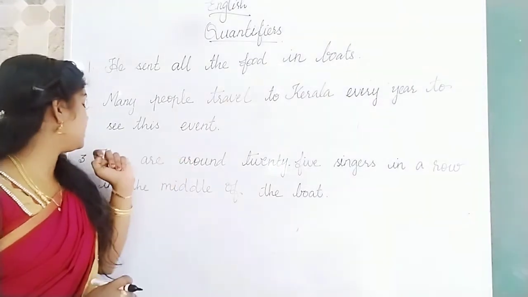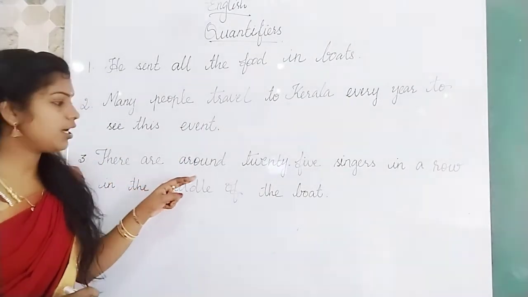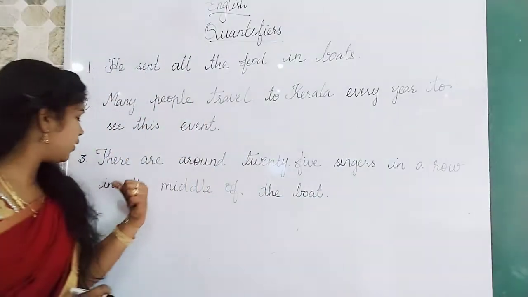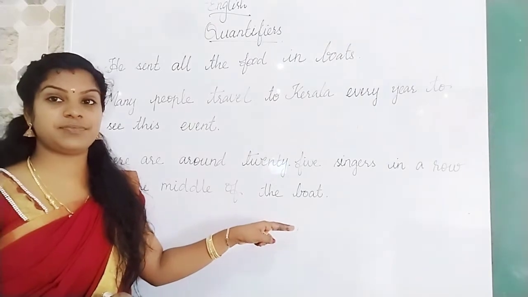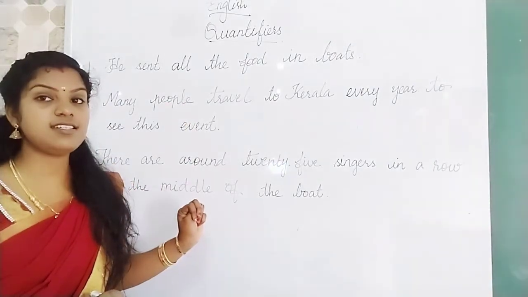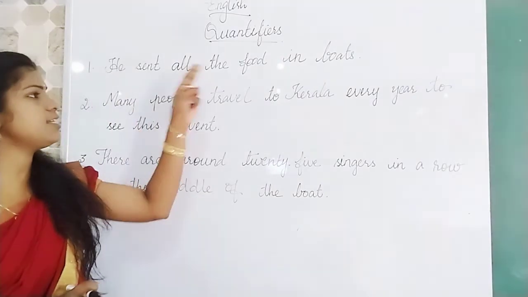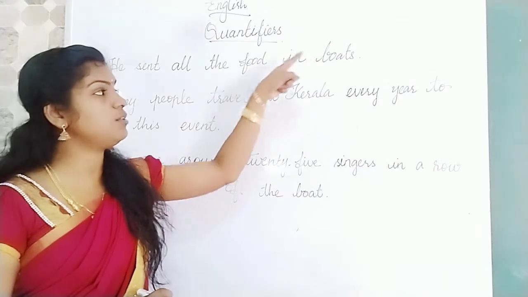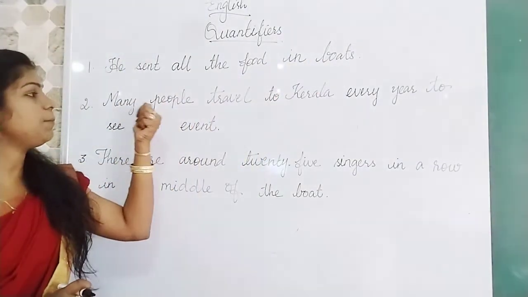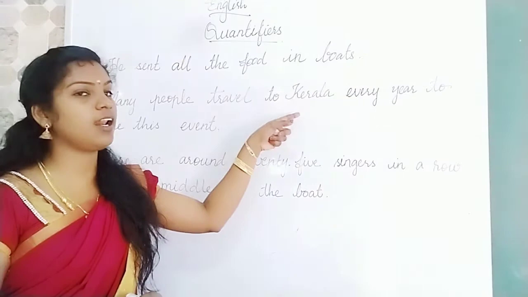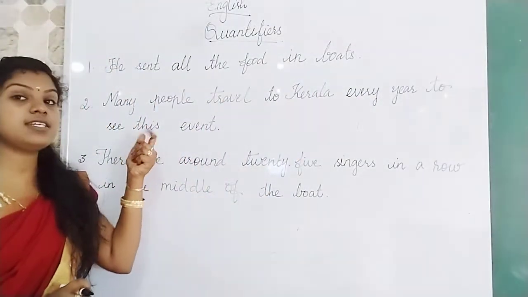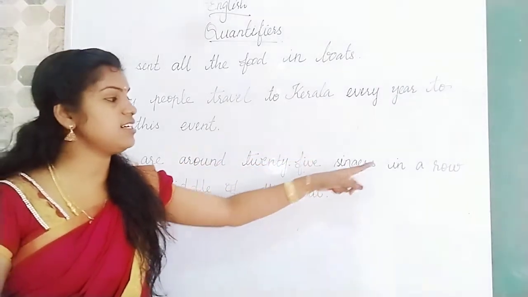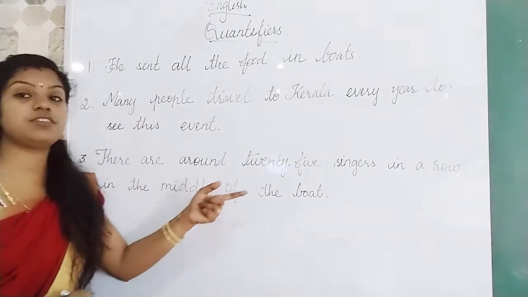Then: There are around 25 singers in a row in the middle of the boat. Have you read these sentences? Once, all of you read these sentences.